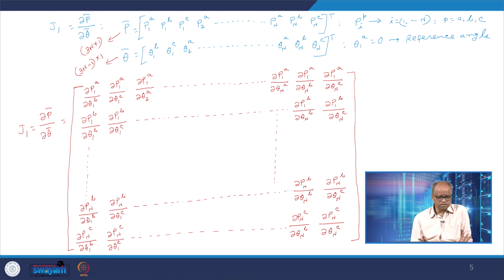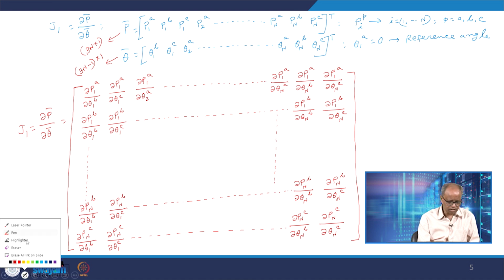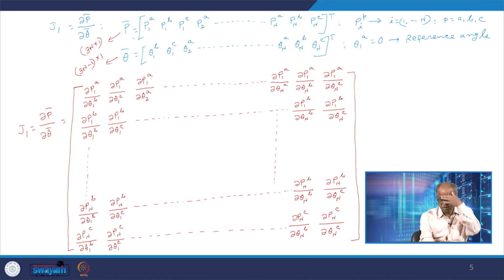So these are the individual elements. What is the dimension? There are powers P1A, P1B, P1C and so on in the rows, and in the columns we are talking about the angles. So, as we have said, it would be 3n cross 3n minus 1, correct.